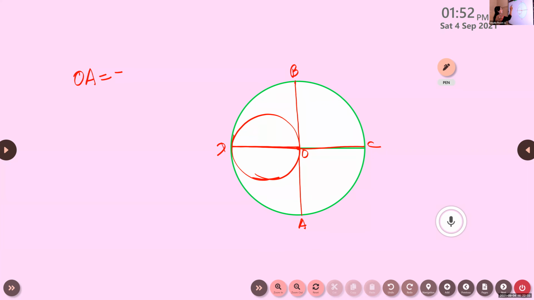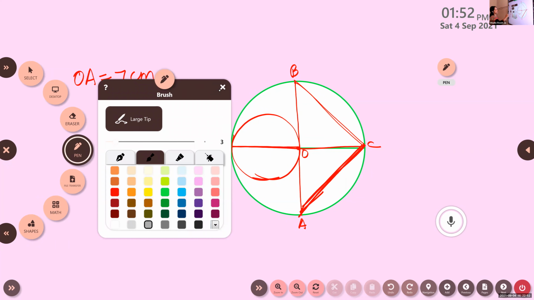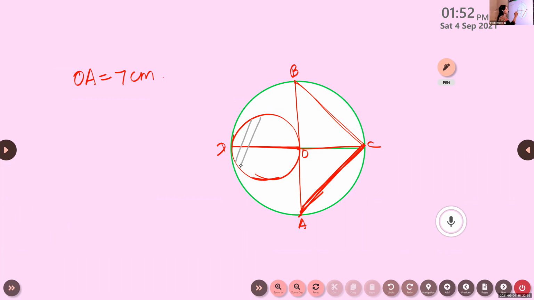OA is equal to 7 centimeter. Find the area of the shaded part. This is the part shaded.